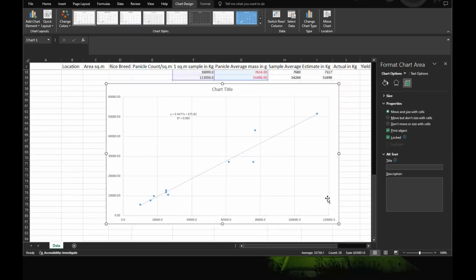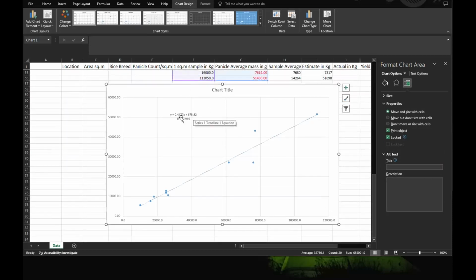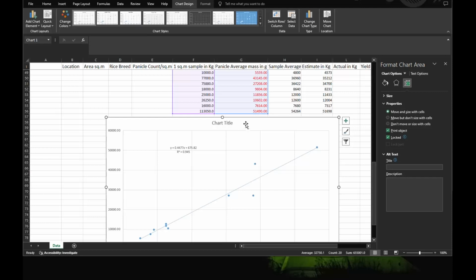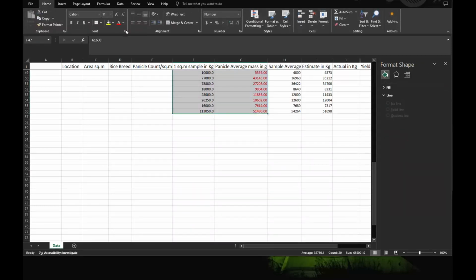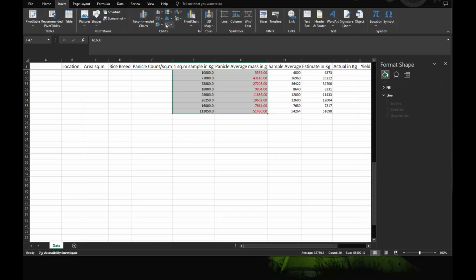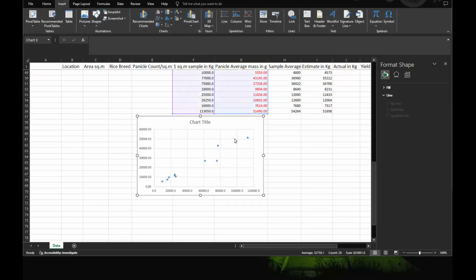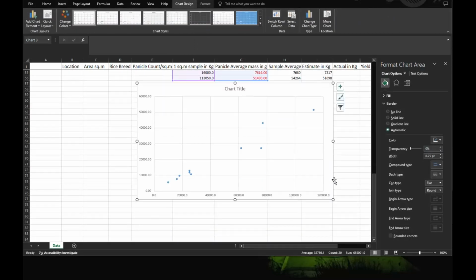I'll have to do it again because there is an offset. I'm not getting like 675 kilos right off the bat, so it needs to be set to 0. I did something wrong, so do it again. Scatter chart. Make it larger.